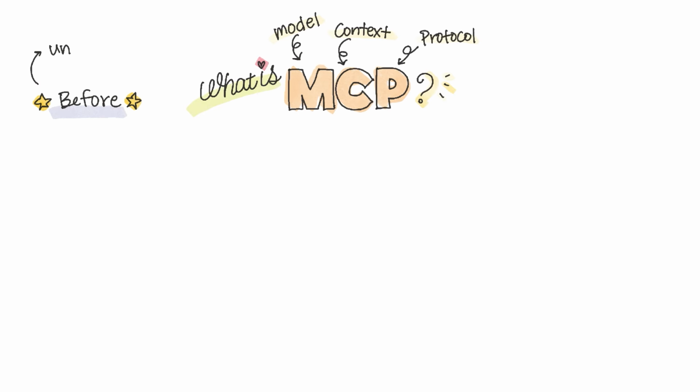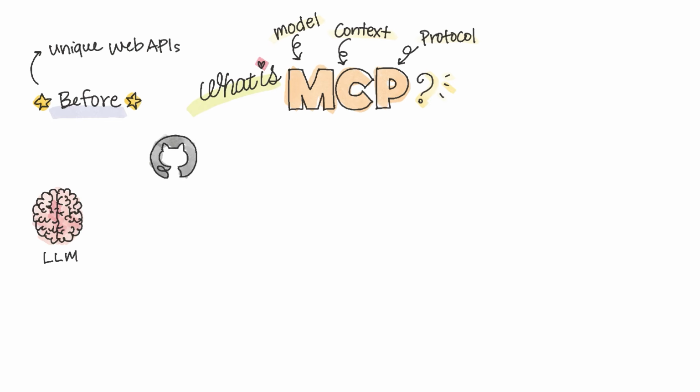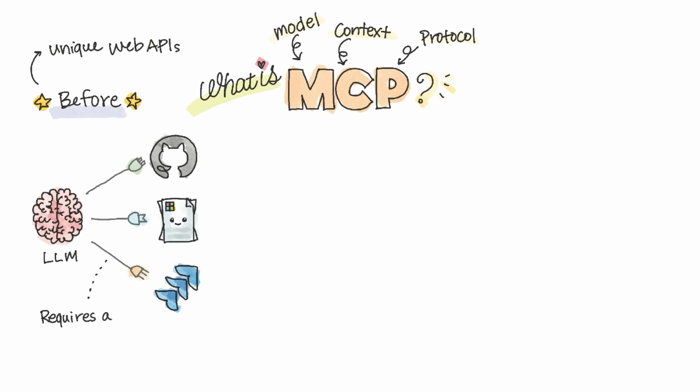Before MCP, if a language model wanted to interact with external APIs, like checking a GitHub repo, or getting knowledge from Microsoft Learn Docs, or creating a Jira ticket, it needed custom integrations. Every tool is unique to the model, kind of like needing a different charger for every device. Messy, right?